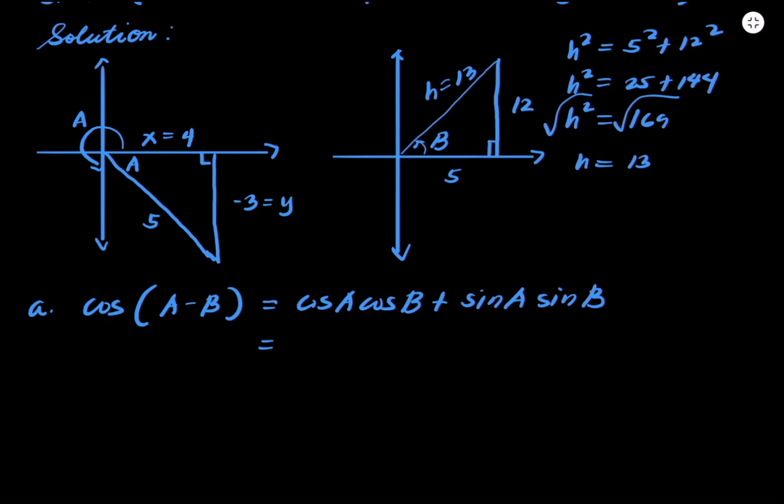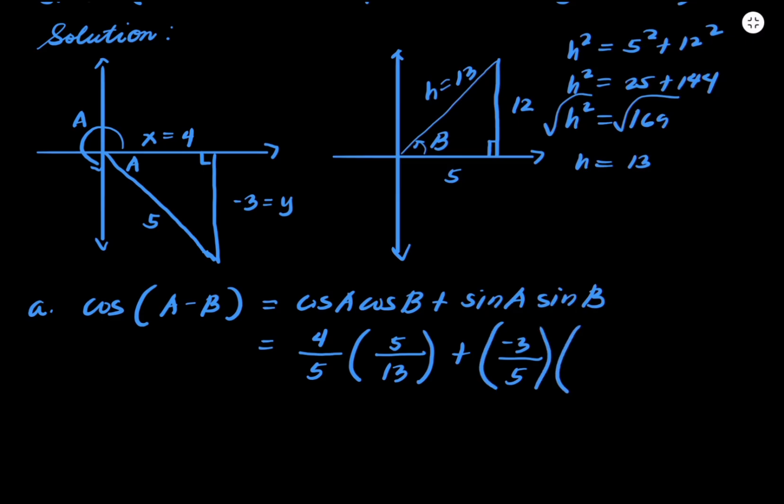So for A, adjacent is 4, 4 over the hypotenuse 5, and then multiply it by cosine B. Adjacent, which is 5, over the hypotenuse 13, plus sine A, opposite, which is negative 3, over the hypotenuse 5, and multiply it by sine B. Opposite, which is 12, over the hypotenuse 13.